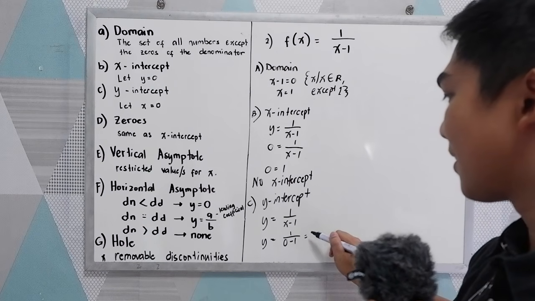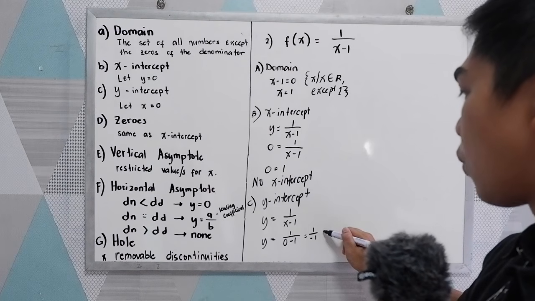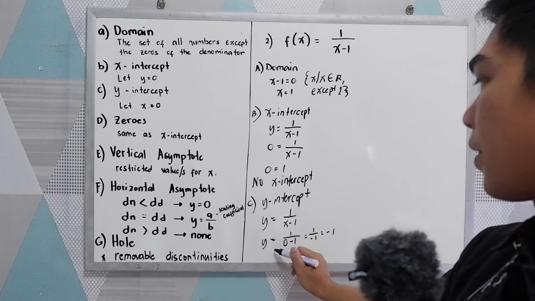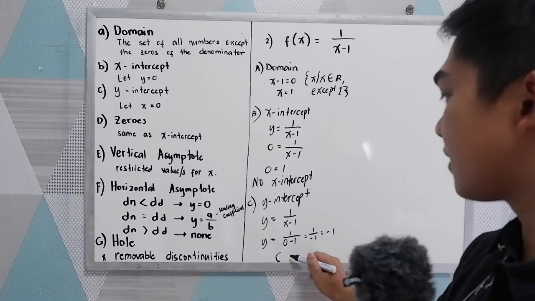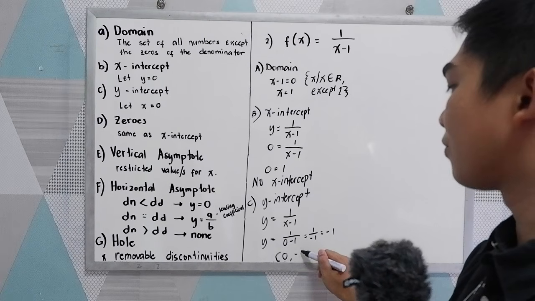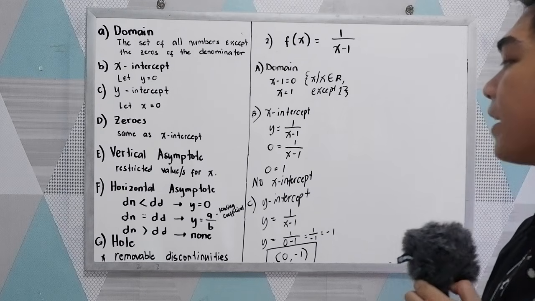And that is 1 over negative 1. Therefore, y is equal to negative 1. So our y-intercept is (0, negative 1). That is our y-intercept.